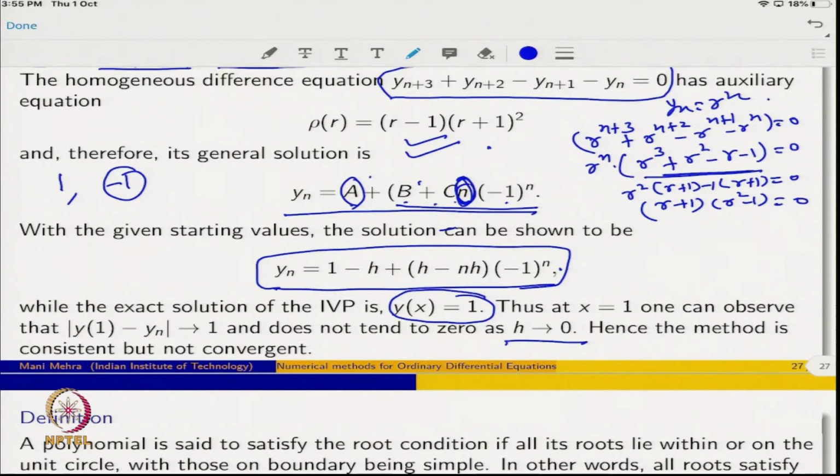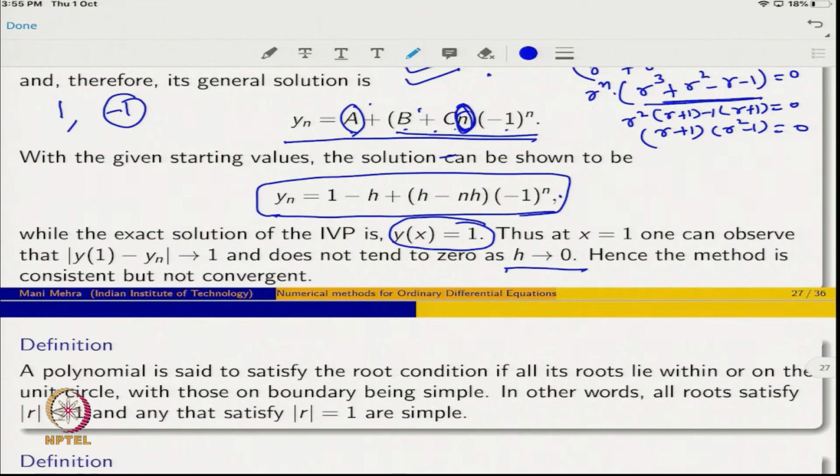That is the observation, and based on these two observations we are going to formalize a definition: a polynomial is said to satisfy the root condition if all the roots lie within or on the unit circle, with those on the boundary being simple. What do you mean?